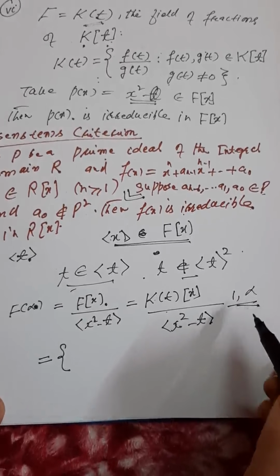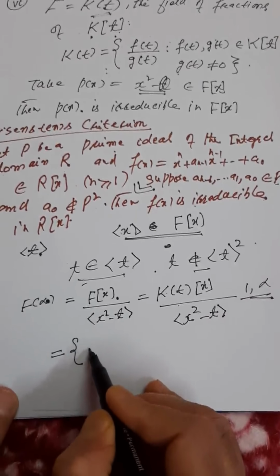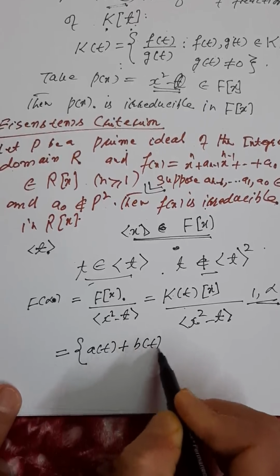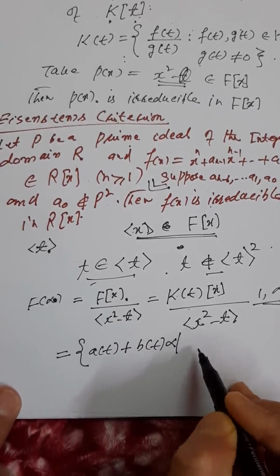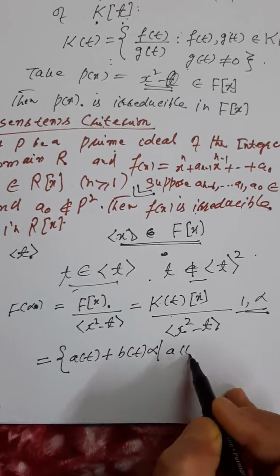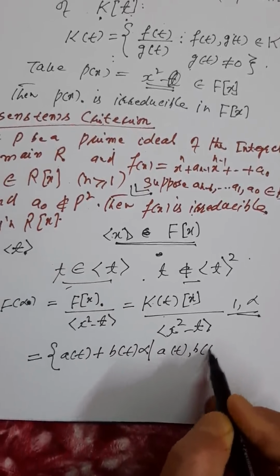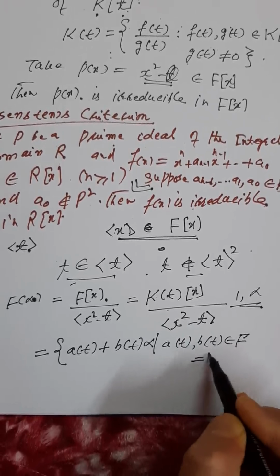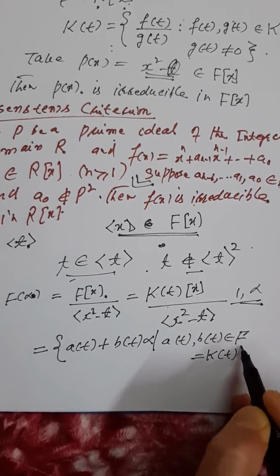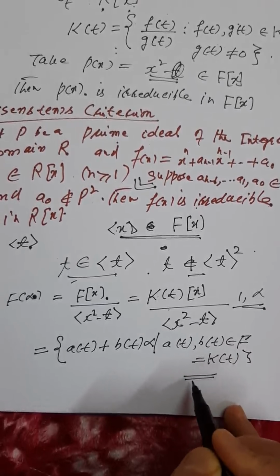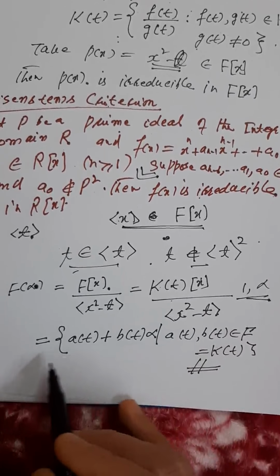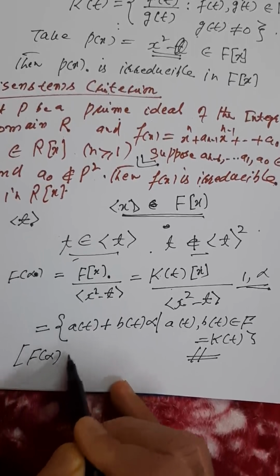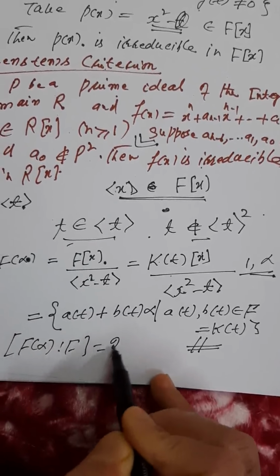So this would consist of elements of the form a(t) plus b(t) alpha, such that a(t) and b(t) belong to F, where F is K(t). And what is the degree of extension of F(alpha) over F? The degree of extension of F(alpha) over F is 2.